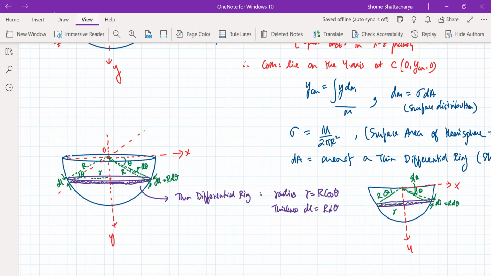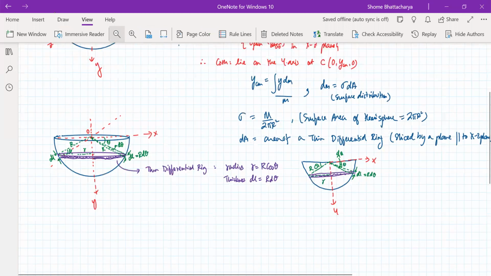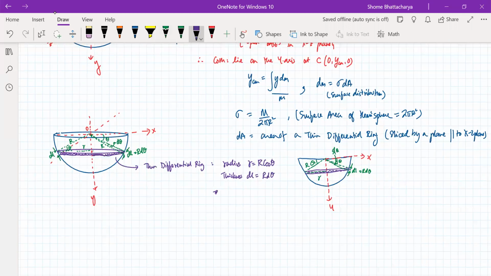Okay. So the area of this ring will be circumference into thickness. So it can be expressed like this: 2 pi R square cos theta d theta.